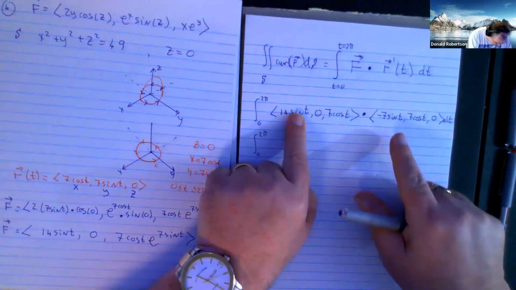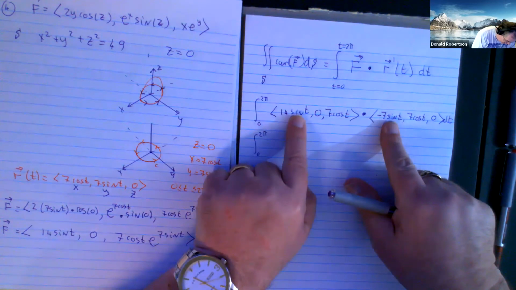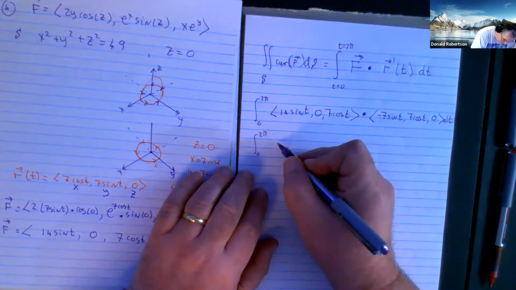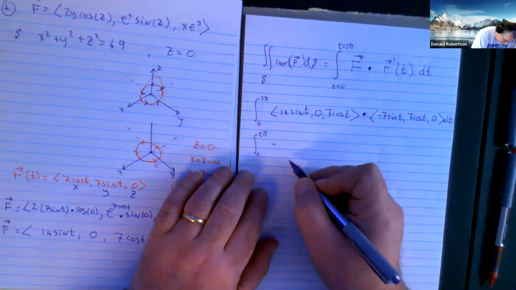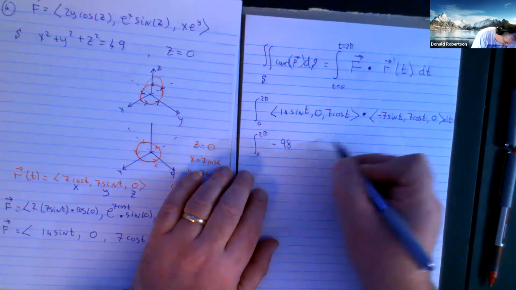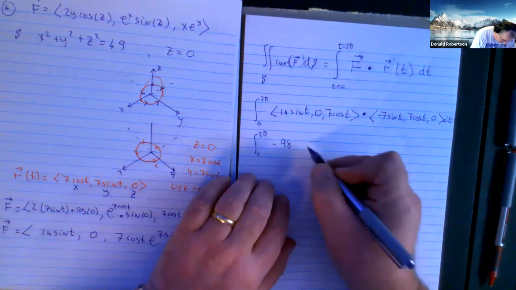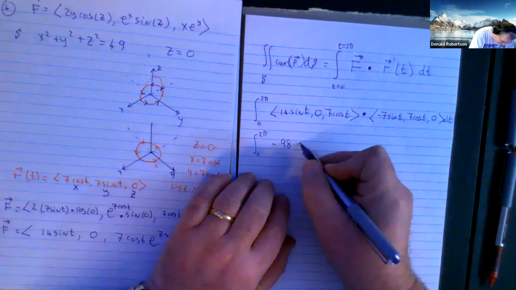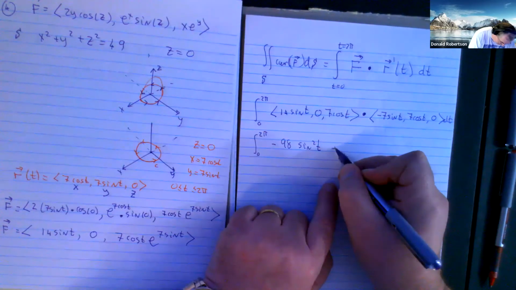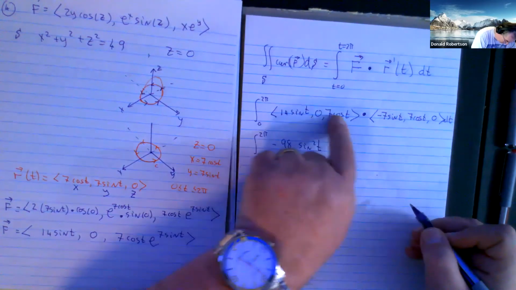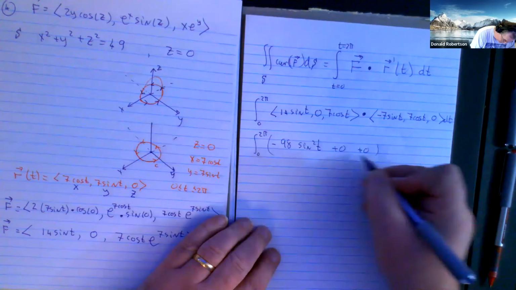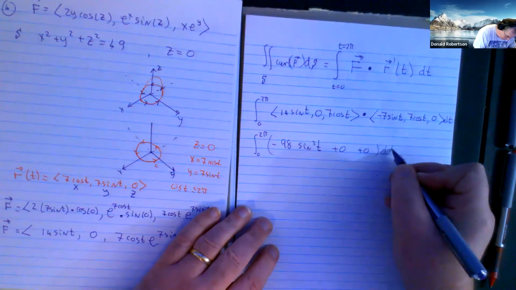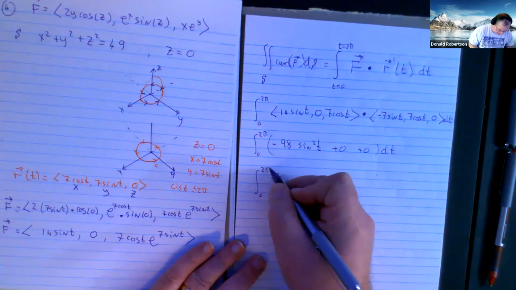This guy times this guy is going to be negative 98 sine squared. This guy times nothing gets me nothing. This guy times that guy gets me nothing, dt. And so I now have the integral from 0 to 2 pi.